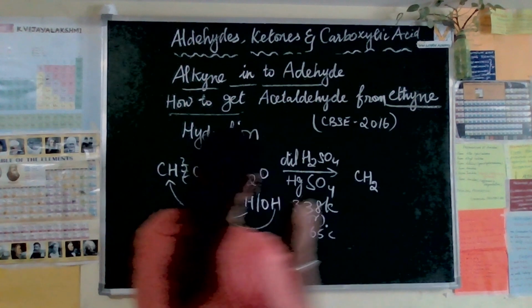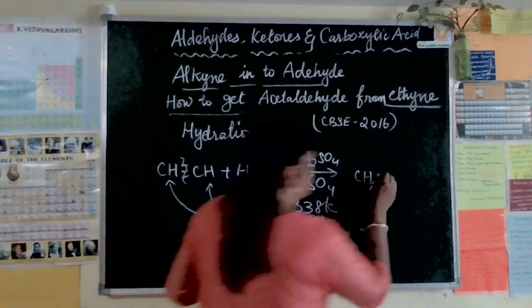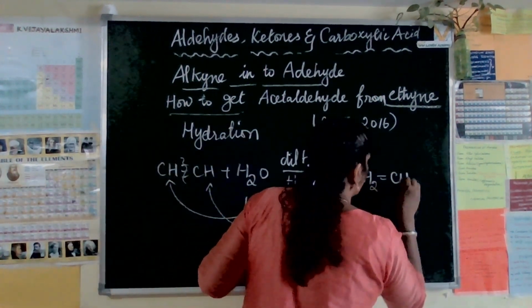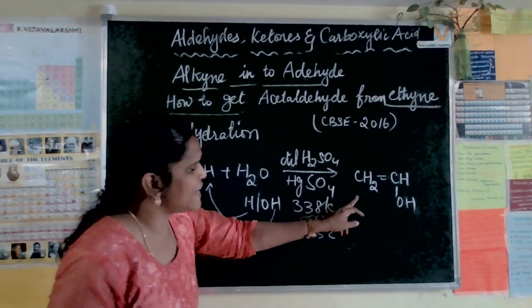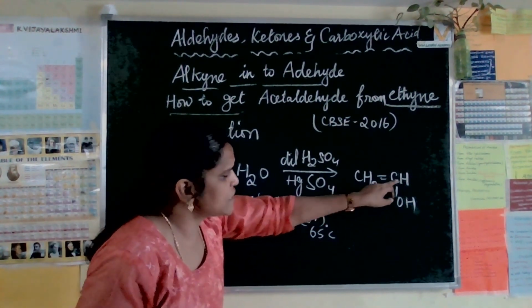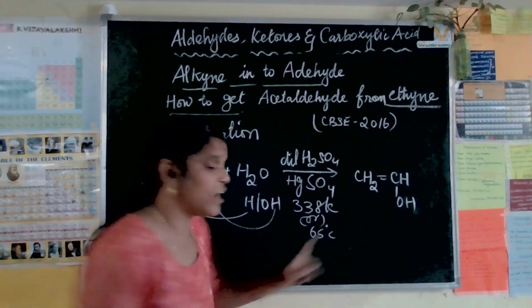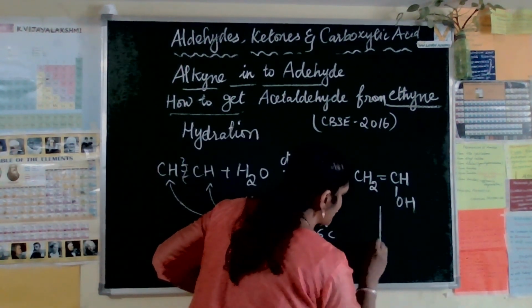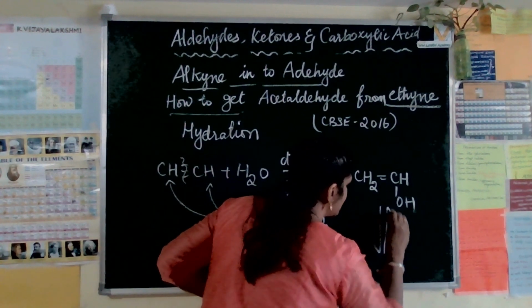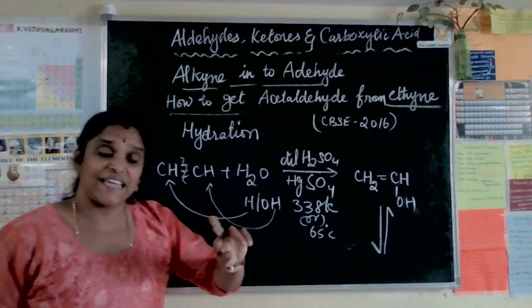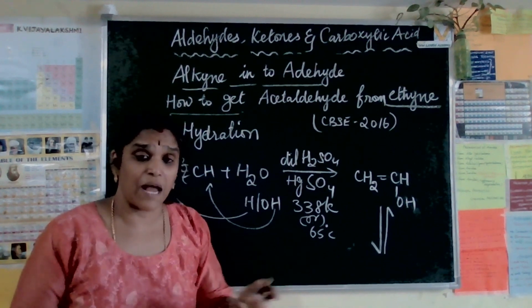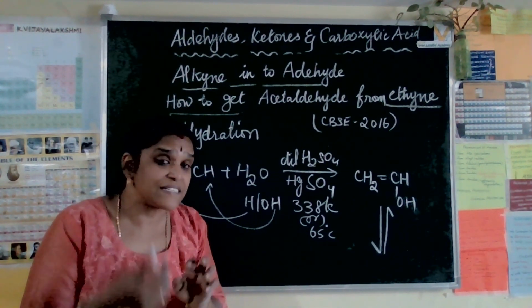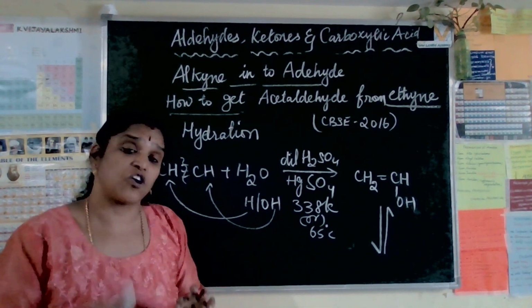Now what happened here? Only one bond breaks. CH2, CH, here OH. So that means CH2 double bond CHOH, alcoholic form. Now here tautomerization, that is keto-enol formation. You know very well, same molecular formula, but the functional group attaches in a different way. That is tautomerization.